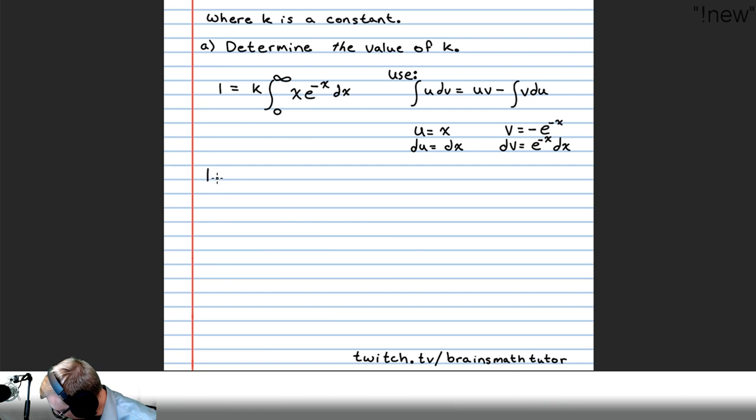So then 1 equals k times minus x e to the minus x, evaluated from 0 to infinity, minus the integral of, I should probably write a minus, e to the minus x dx.